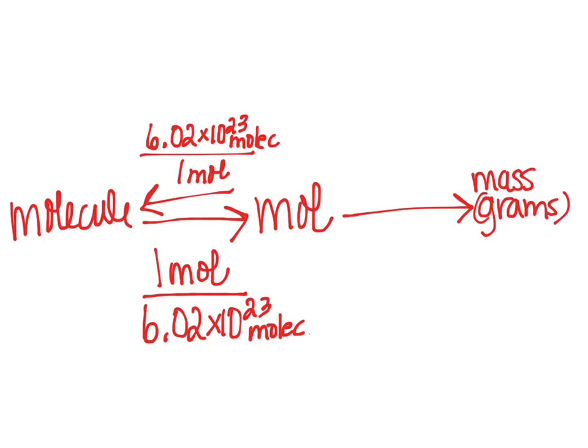For me to go from moles to mass, or mass to moles, there's a conversion factor. So what has grams in it and what has moles in it? Molar mass. So if I want to go from moles to grams, what has to be on top? Grams. So the molar mass, and that is always over 1 mole.